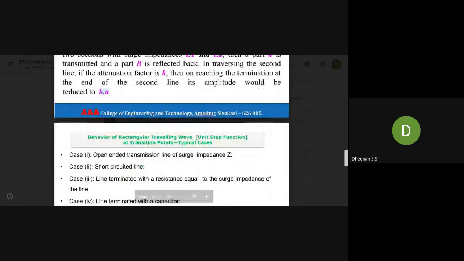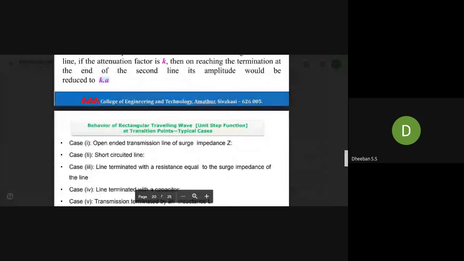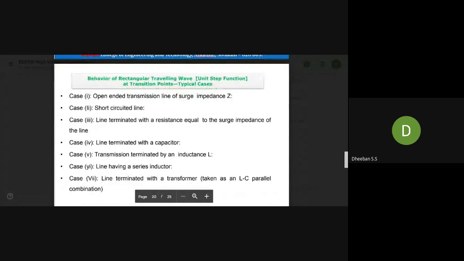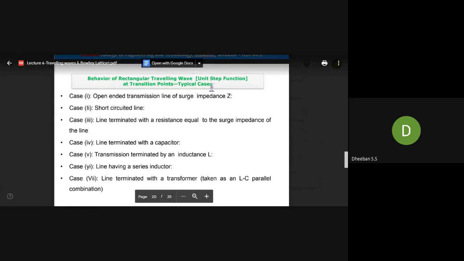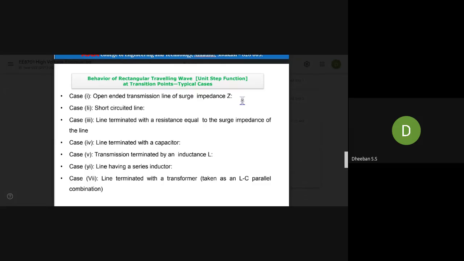This traveling wave could be considered in 6 cases. Two cases we have already seen with respect to the traveling wave. We have seen the open-ended transmission line of surge impedance Z, with Z1 after the junction J being open circuited.